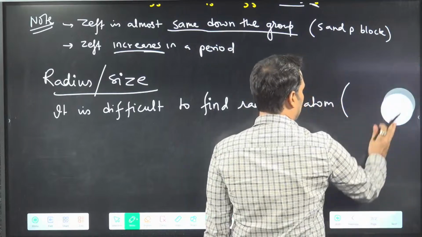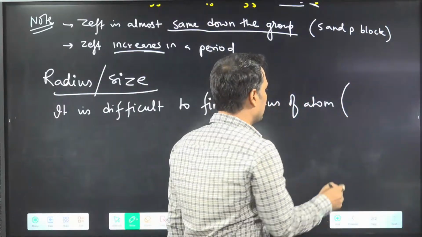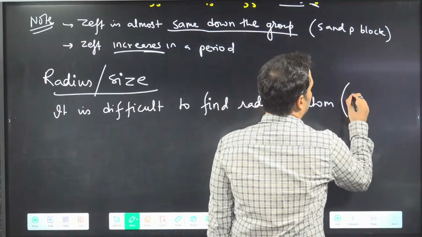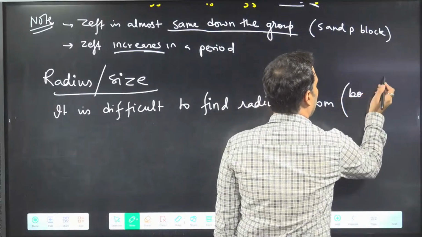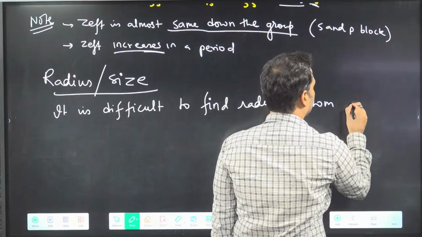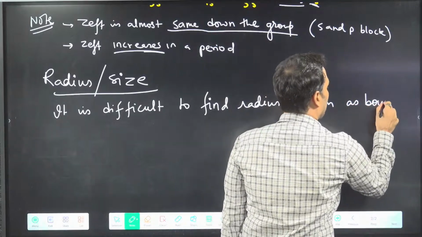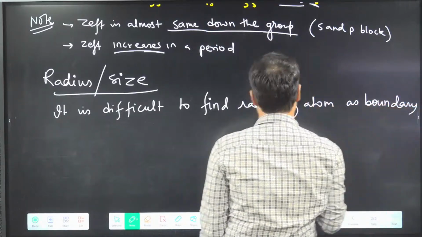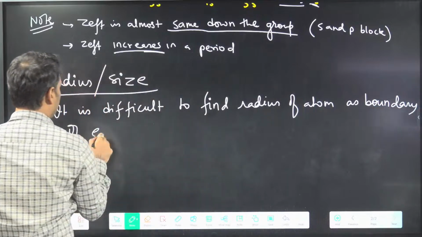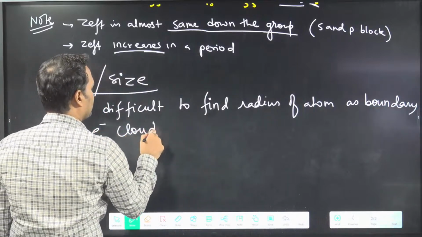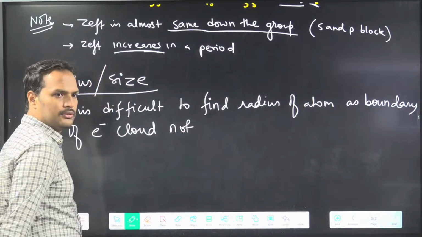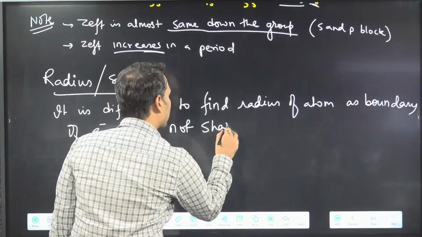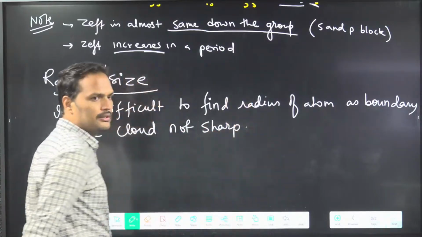Just think about the boundary of the cloud, okay? So what we will say is that the boundary of the electron cloud is not sharp, not fixed, okay?